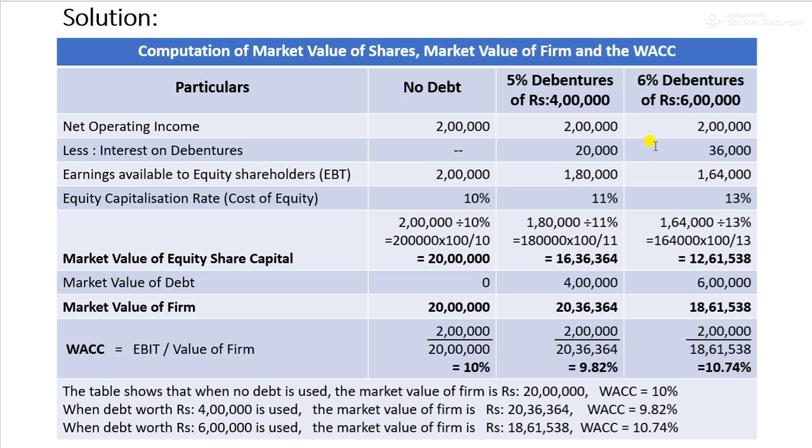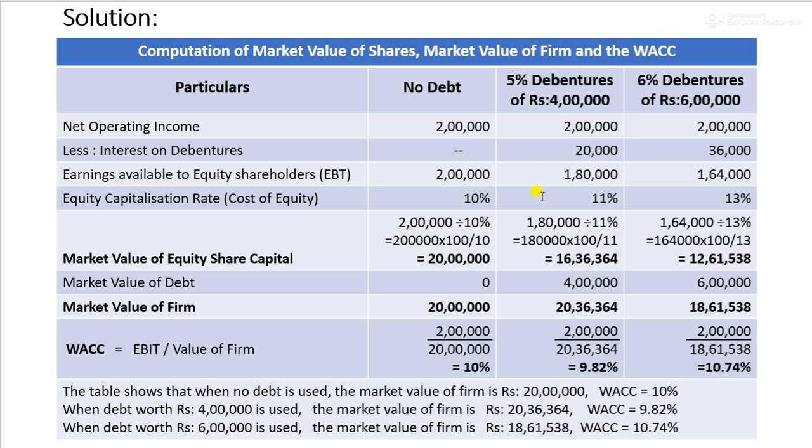And in the third case, there are debentures worth rupees 6 lakh with an interest rate of 6%, and therefore the total debenture interest is 36,000. So we get earnings available to equity shareholders, or earnings before tax, of rupees 2 lakh, rupees 1 lakh 80,000, and rupees 1 lakh 64,000 in the three situations.